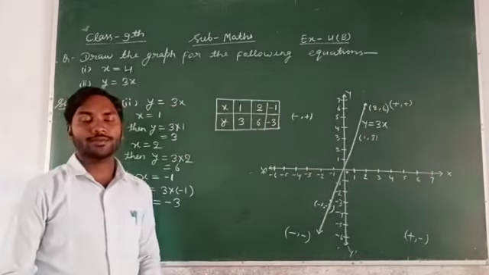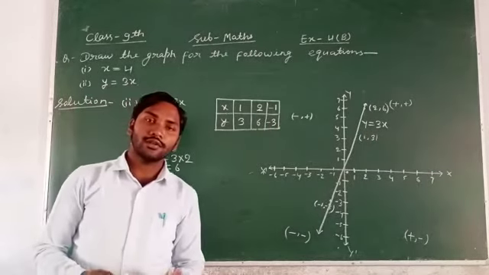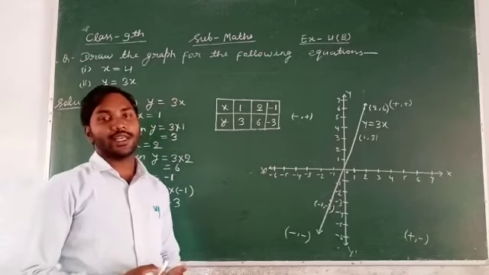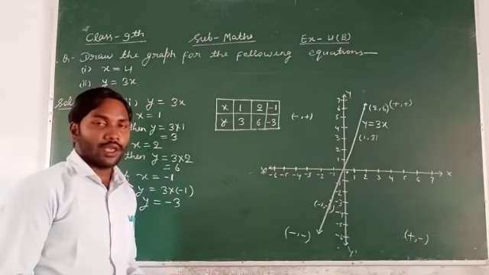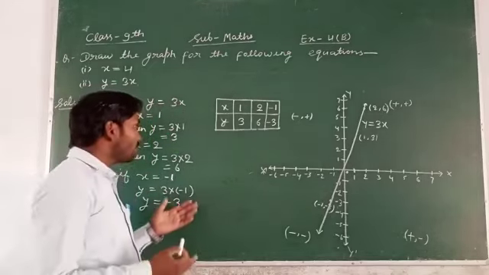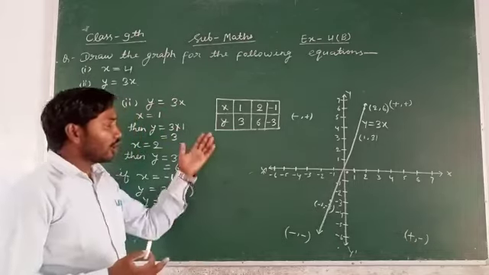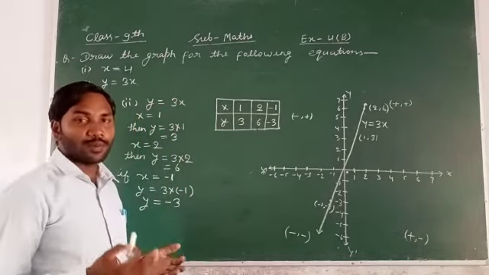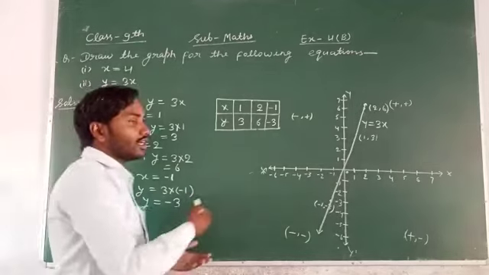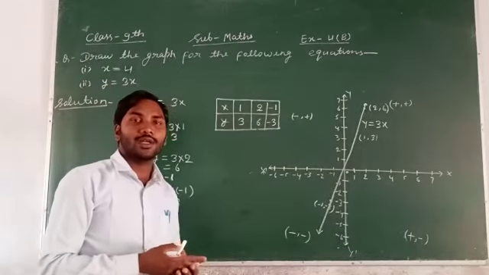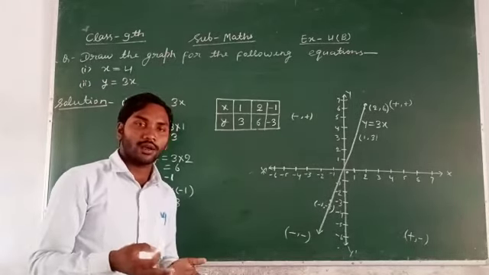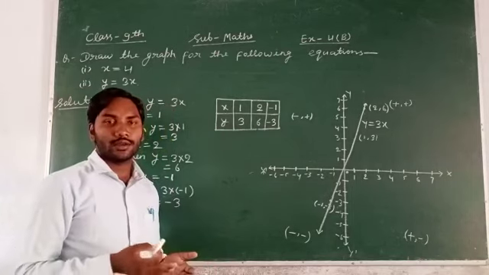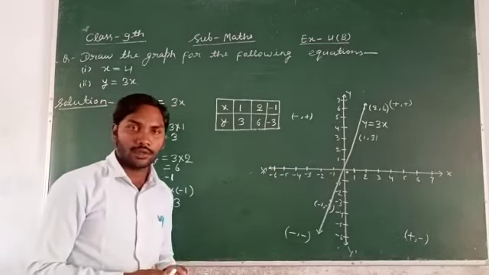So this way you can draw the graph for the given linear equation. If you put the value of either x or y, you will get one value, and by plotting it in the coordinate plane or on the graph paper, you will get the graph by joining the points. That's all.